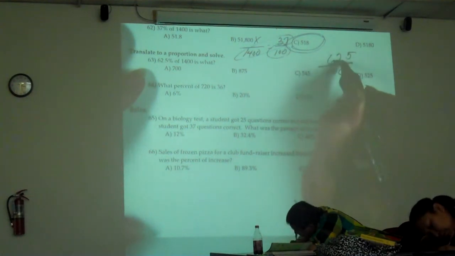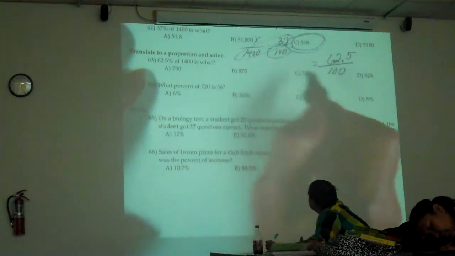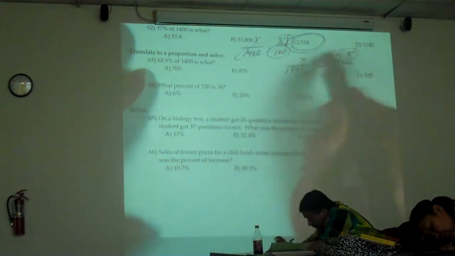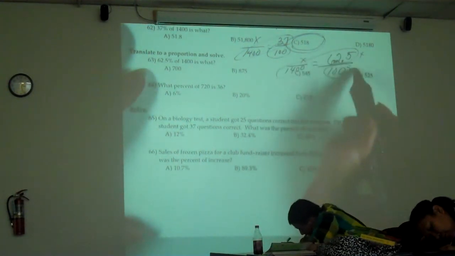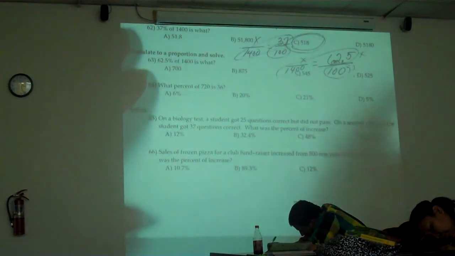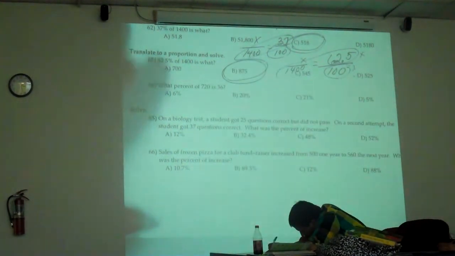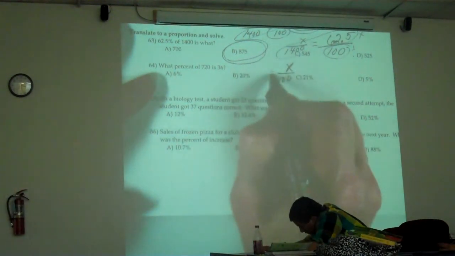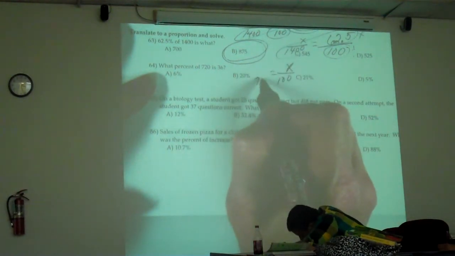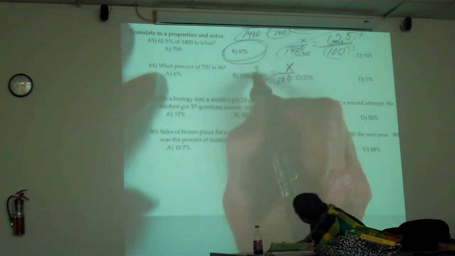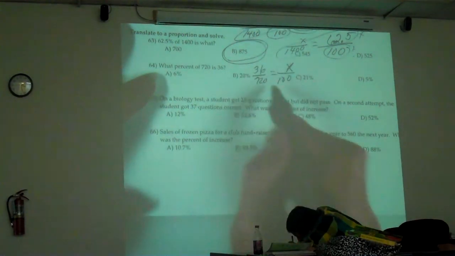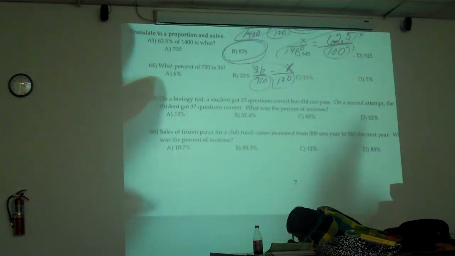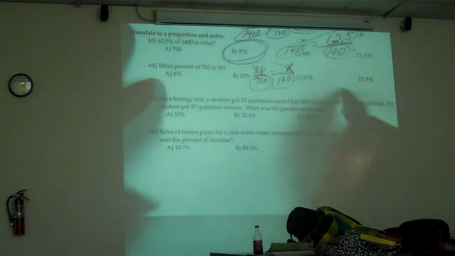We just put 62.5 over 100 of 1,400 is what? Multiply, divide. 875. Okay. What percent of 720 is 36? 3,600 divided by 720. 5%.